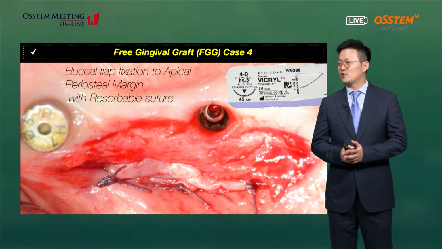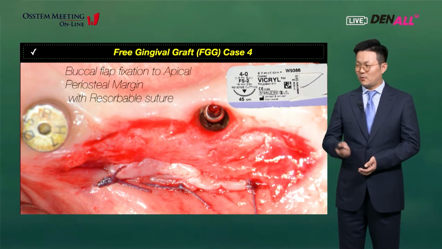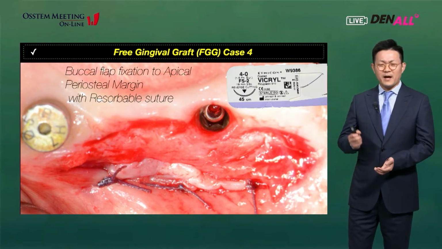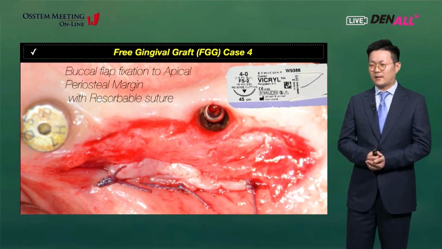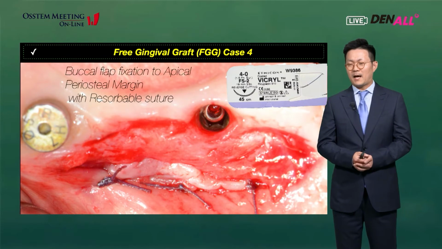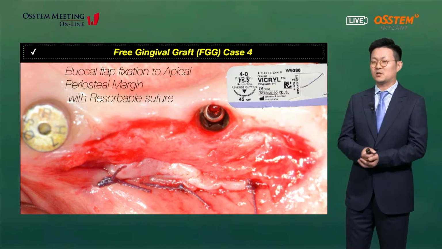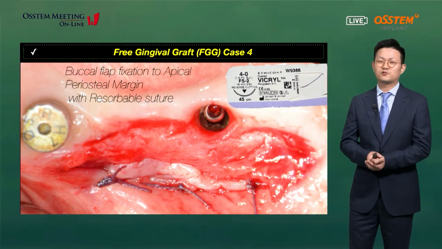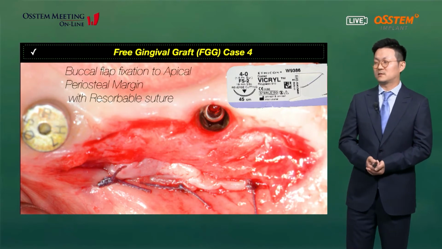The reason I use a suture like the bicuspid on this suture is that sometimes it's very hard to remove this apical suture at the day of stitch out. So sometimes we have to wrap the stitch on the apical side. So in this case, this suture can be useful. So I like to use this.